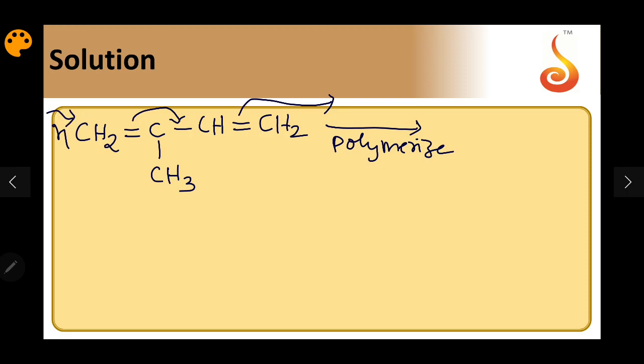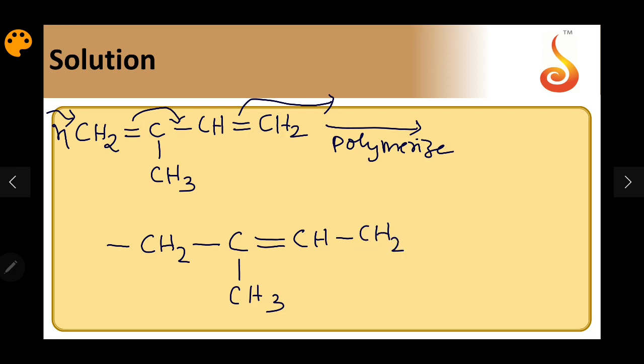So the partial structure is like this: CH2, this becomes single bond, C, CH3, this will be double bond, CH, CH2 joins to another molecule, right? CH2, C, CH3 and double bond CH, and it continues. So this is natural rubber.